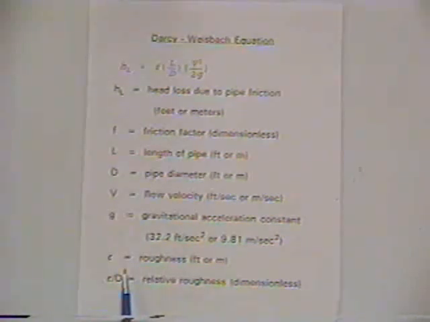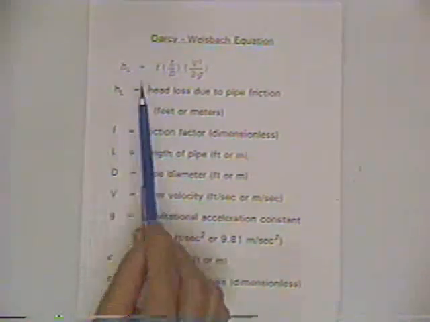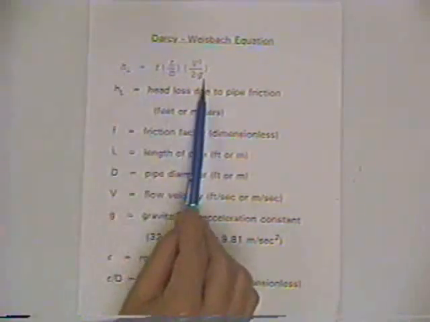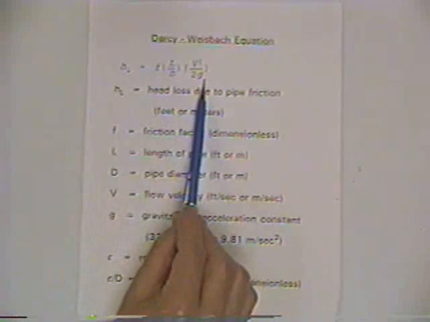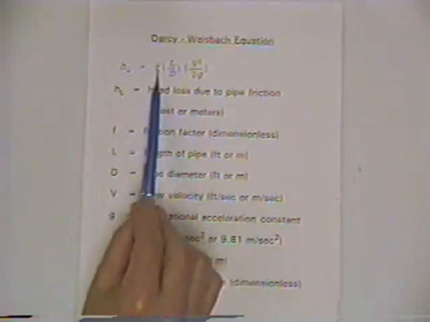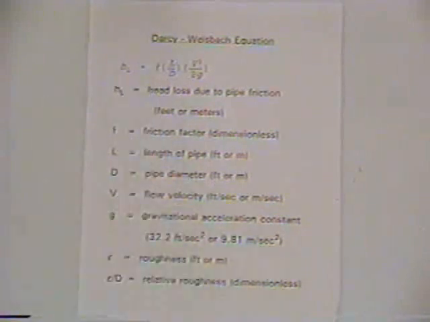The way we're going to characterize the pipe is there's an epsilon, which is a function of the type of pipe, and that's the absolute roughness, and then the relative roughness is epsilon over D. So we want to be able to apply the Darcy-Weisbach equation, and the key term here is to be able to estimate the friction factor F. So we've got to focus our attention on this F for a moment.